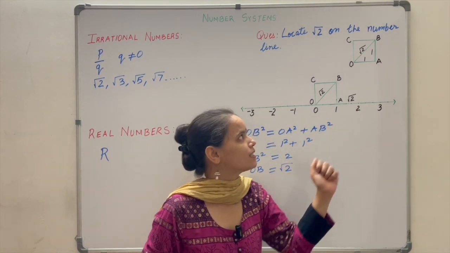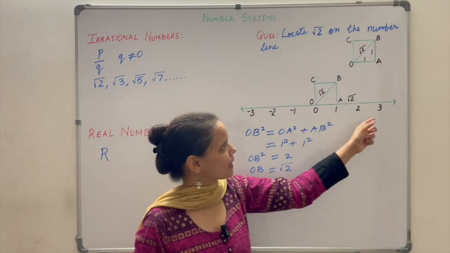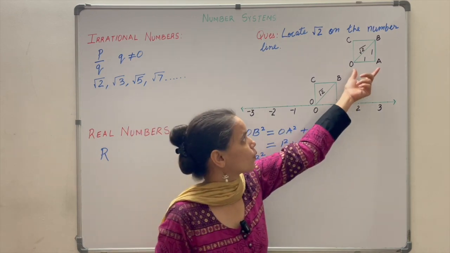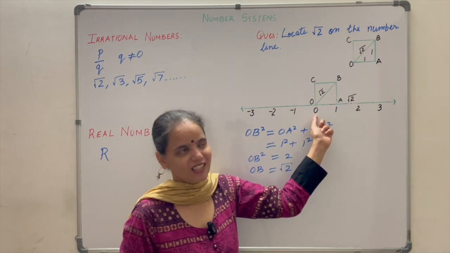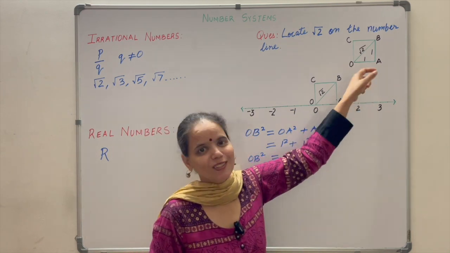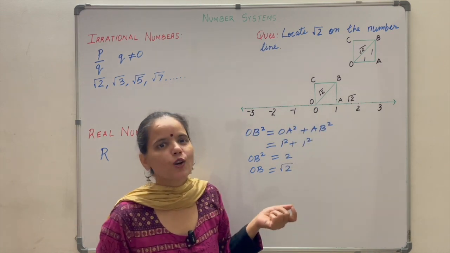What we will do here is place the square on the number line. The number line is already drawn here and I have already placed the square. This O is going to overlap with 0 and A is going to overlap with 1, because this is a square whose side is 1 unit and the length 0 to 1 is also 1 unit.